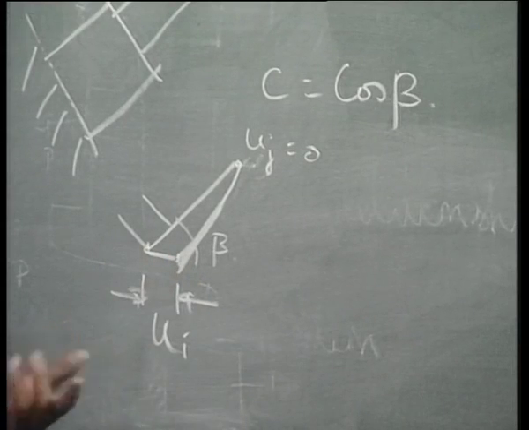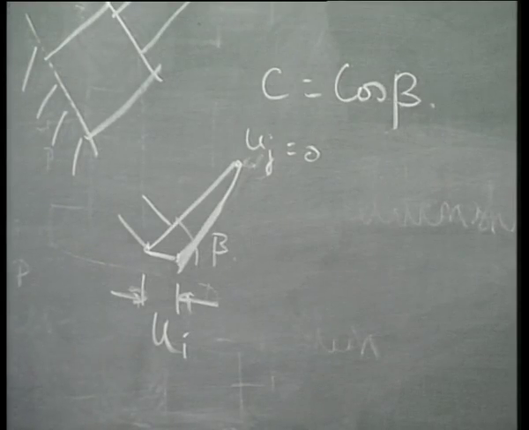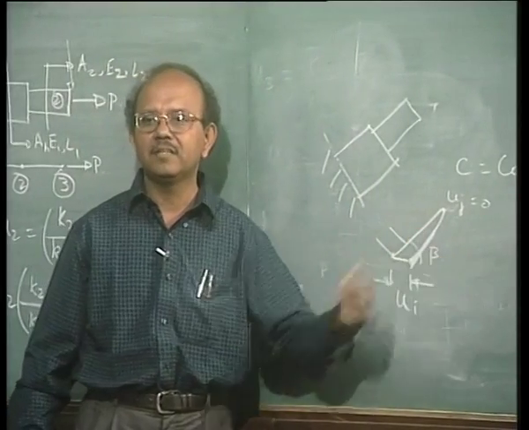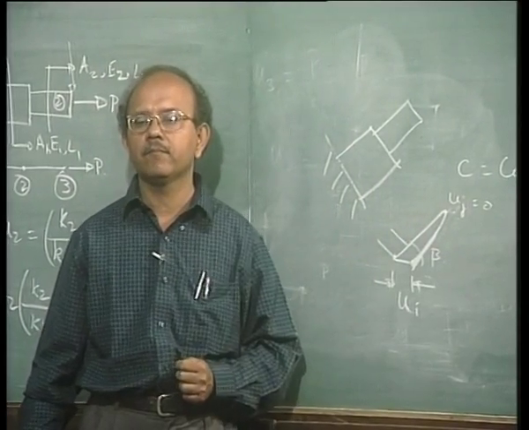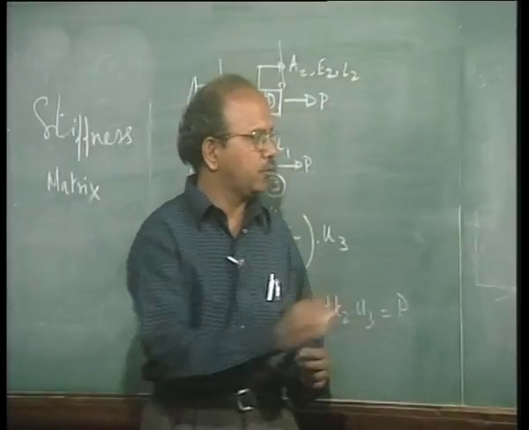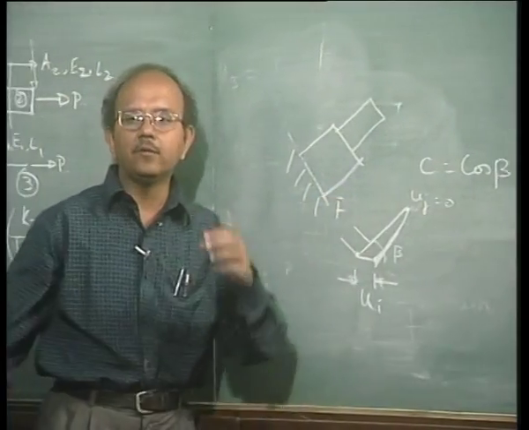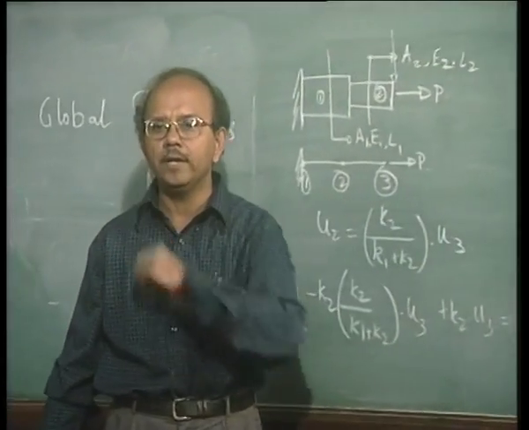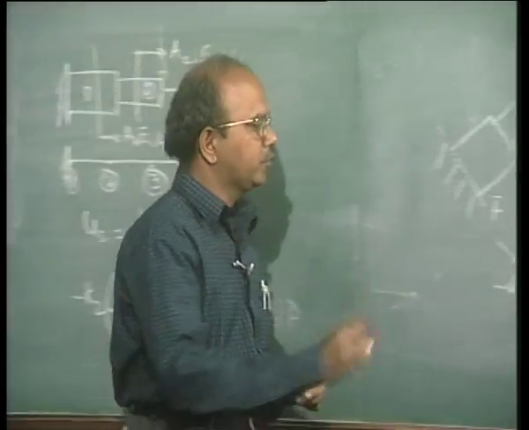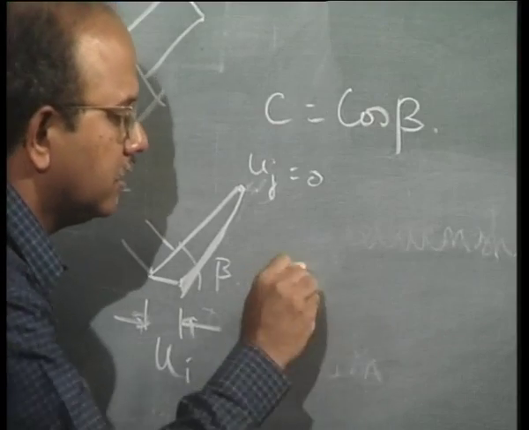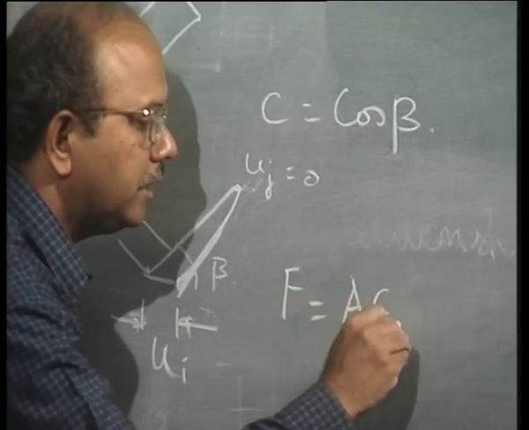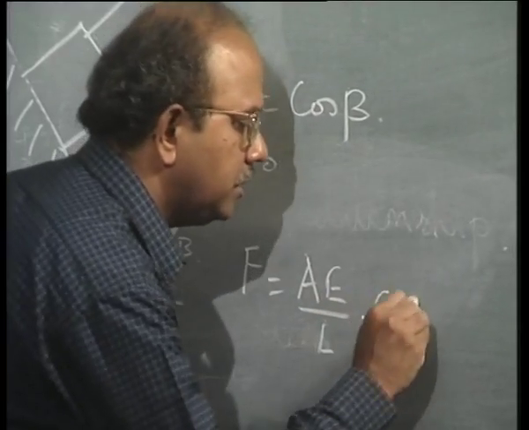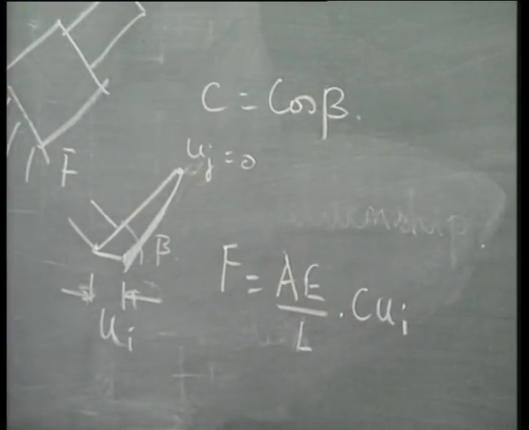C ui, and the force that is developed due to the shortening of length now is to be calculated. Let me call this force as F. That will be the same as what? AE by L into C ui. So F is equal to AE by L into C ui.